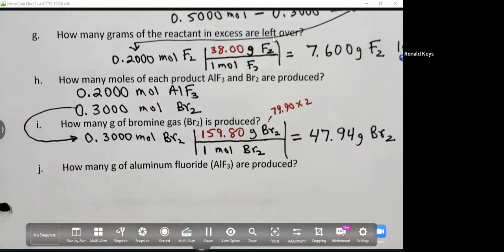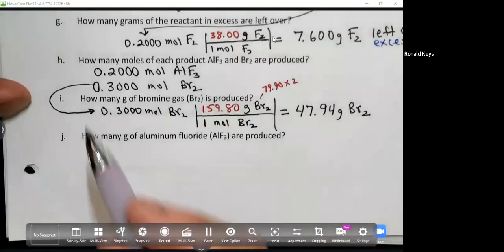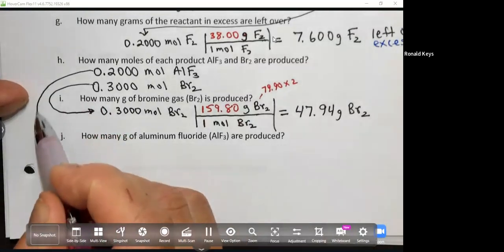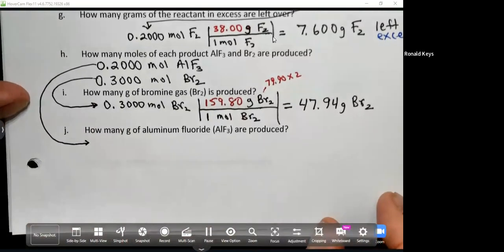Okay. Next one, and we're going to make sure these make sense. Grams of aluminum fluoride produced.